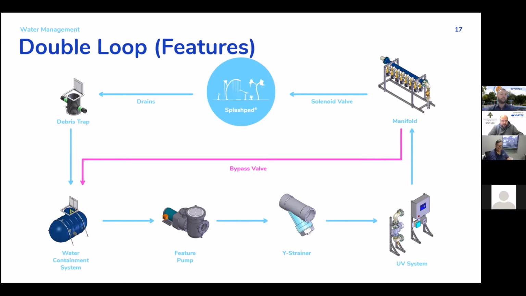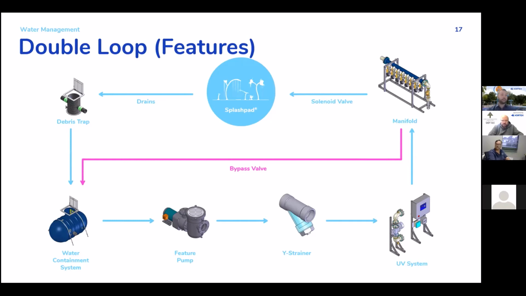The first pump will be the feature loop, and that's essentially just like what the name implies: your feature pump pulls water from the tank through your Y strainers, through your UV, if applicable, and then to your manifold. So that is what's bringing the water to your manifold and out to the splash pad.